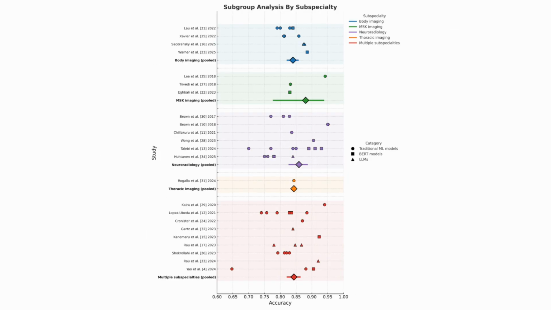Looking at imaging subspecialties, the accuracy ranged from 84% up to 88%, depending on which subspecialty you were looking at. And when we compare any 2 subspecialties, there was no statistically significant difference between the groups.